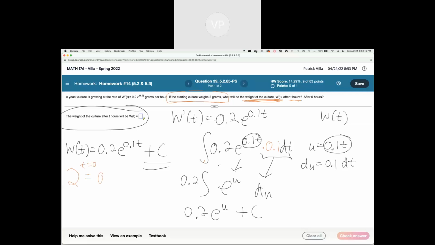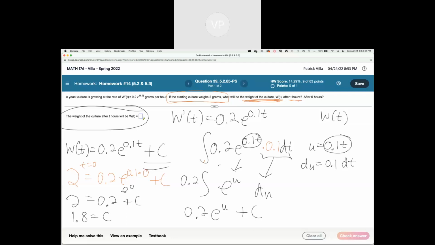So it's like I'm finding W of 0. Put a 0 right in here, plus c, and then of course the whole function, the weight, equals 2, and that's what we're going to find. So e to the 0 is what I have here. e to the 0 is 1, so all we have is 0.2 plus c, and then subtract it, and I think we get 1.8 equals c.